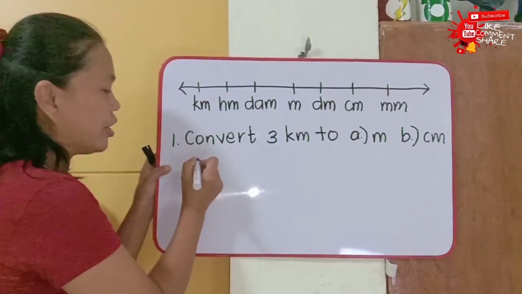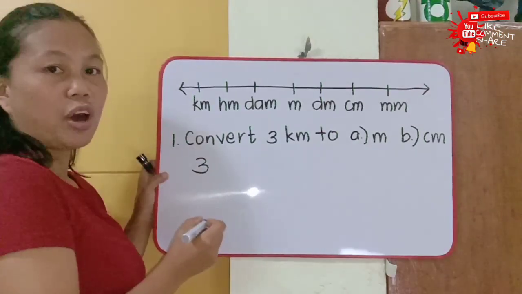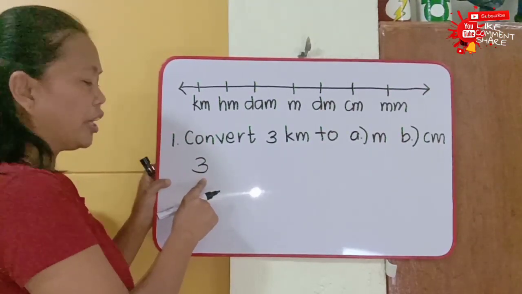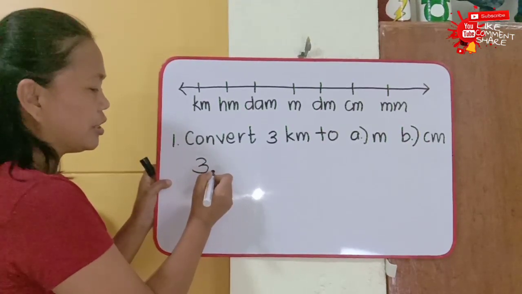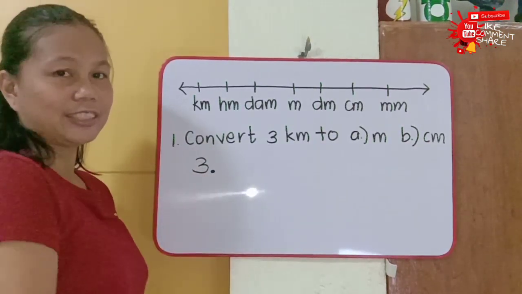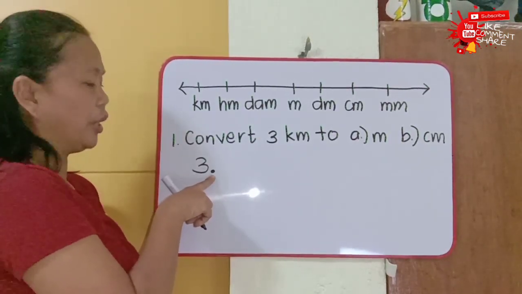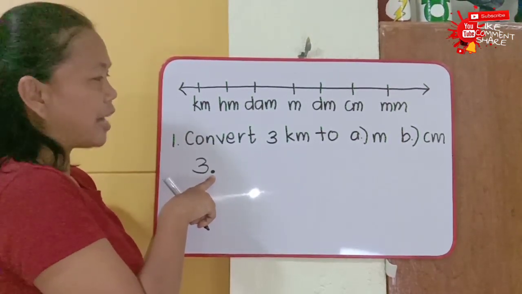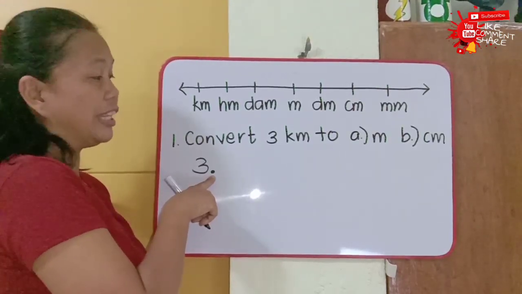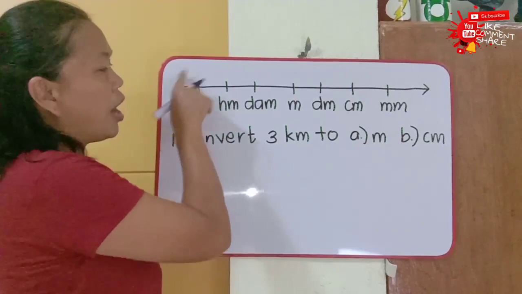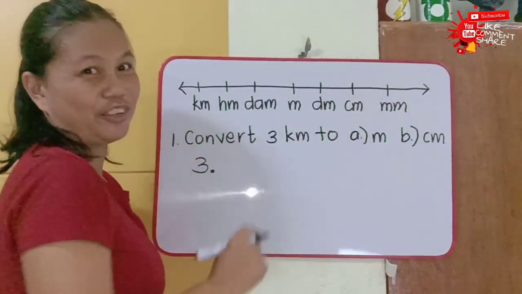Let us write 3 here. If it is a whole number, the location of the decimal point is after the number. So this is the location of the decimal point. Then let us count the number of units from kilometer to meter in our metric converter.